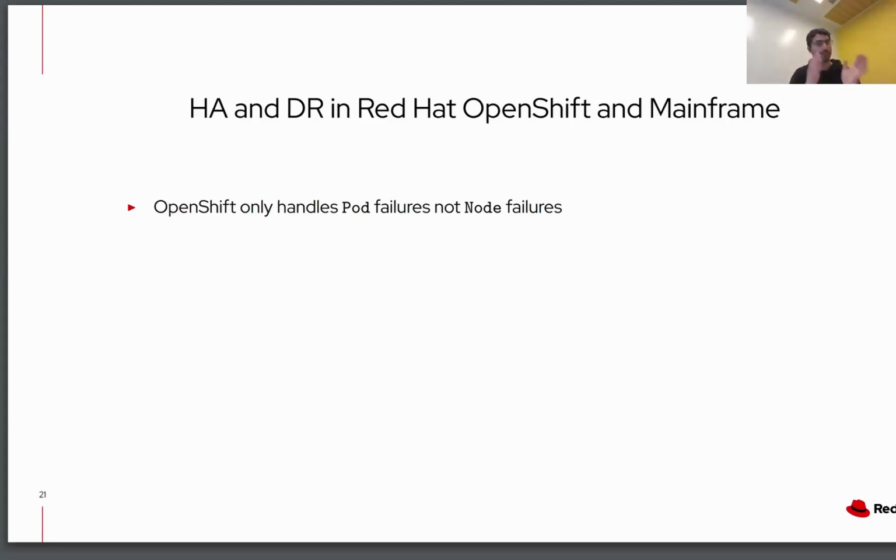So if your pod goes down, Kubernetes or OpenShift can pick it up and run it again. But if a node goes down, Kubernetes does not know what to do, because they don't manage the nodes, they just use the nodes. So they will see a reduction of available resources.